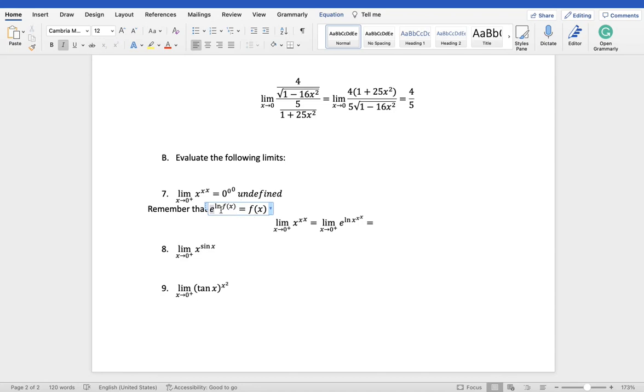Okay, so now from this identity, all I did is I just substituted f of x in this identity by x to the x to the x, right? And then we get e to the ln of x to the x to the x. Does that make sense now?